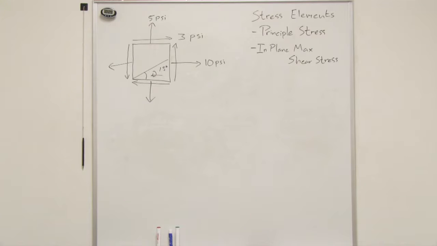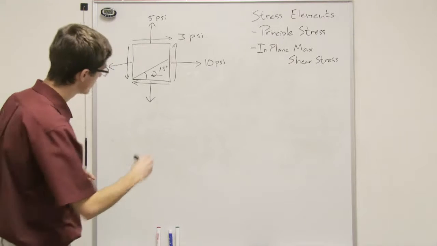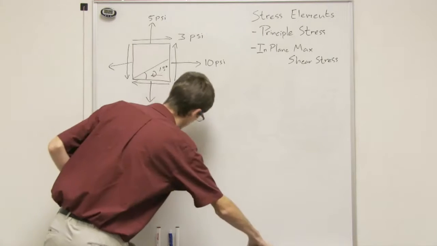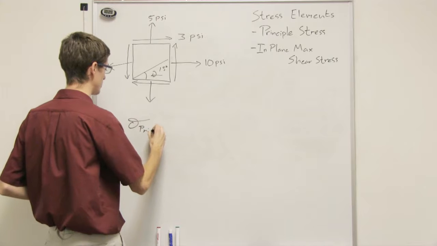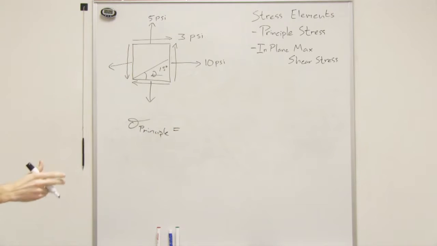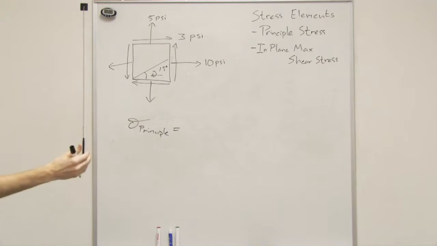And so how we do that is we have another equation for the principal stresses. Those are your maximum and minimum normal stresses, or, well, not necessarily minimum, but it'll show you your maximum and then the other one that's being applied there.